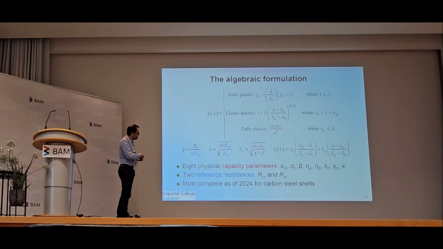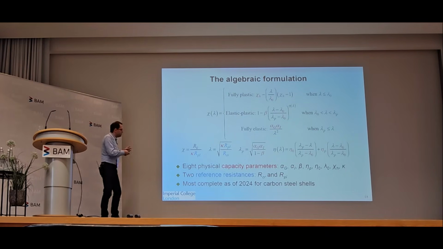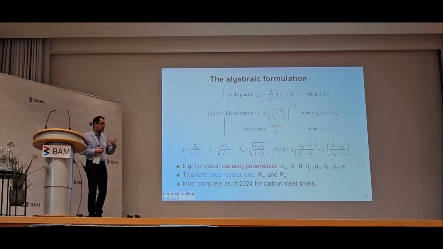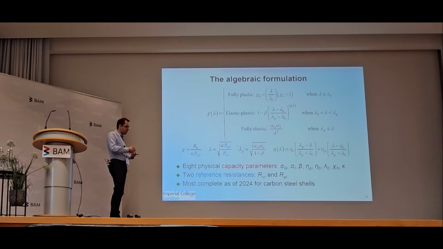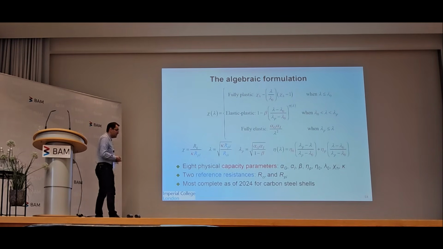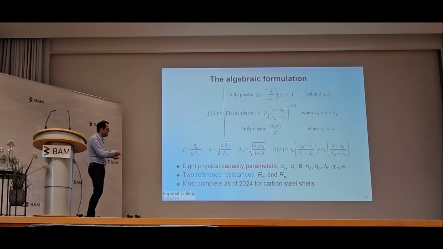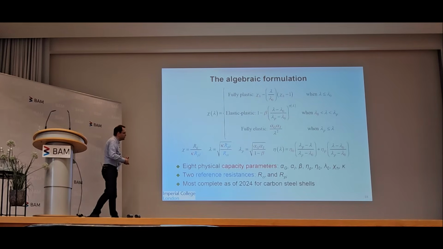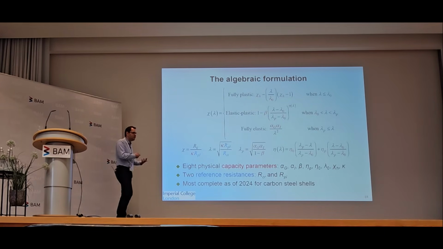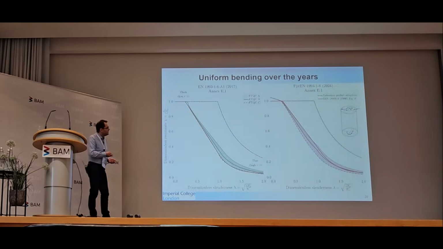So the resistances only occur as a ratio. So they can have different dimensions, and indeed in the different buckling design checks that you have in Eurocode 3 part 1-6, they assume that the resistance means different things. But because this formulation is dimensionless, they can still remain inputs into the framework.